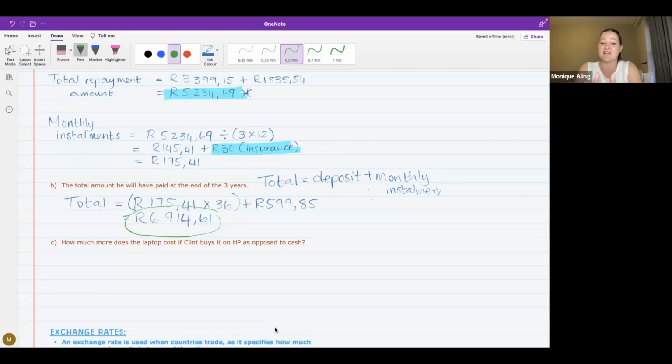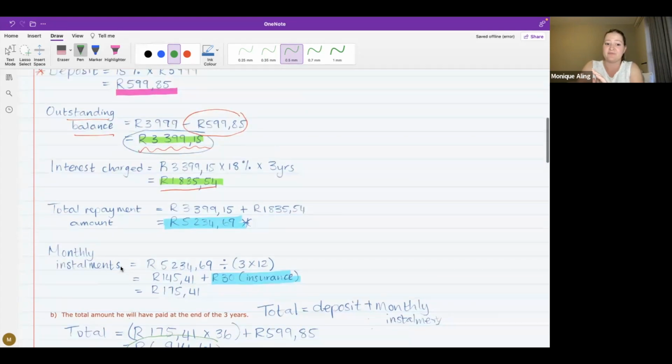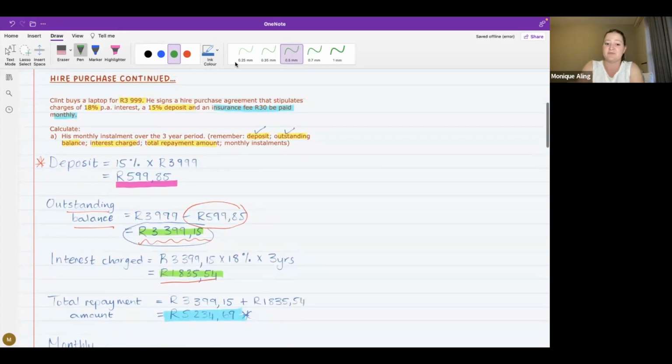So he's paid 6,914 Rand, 61 cents. How much would it have been if he bought it cash? Shall I go back to the question? Any takers? Anyone want to let me know?